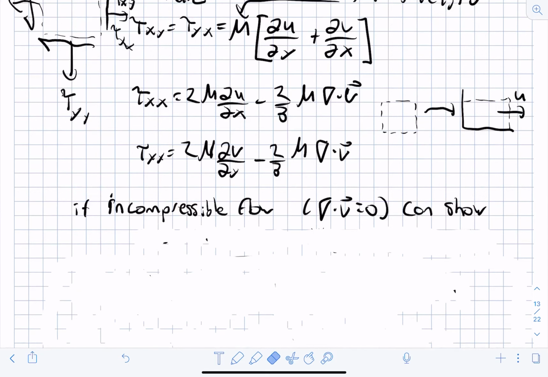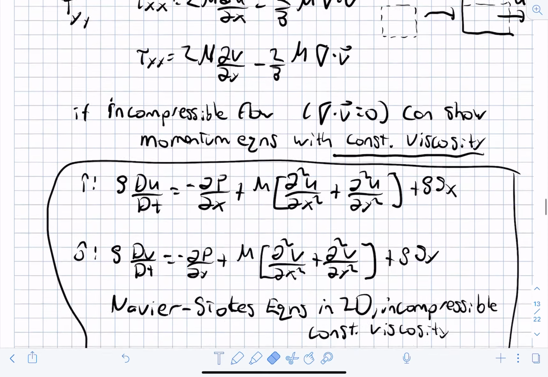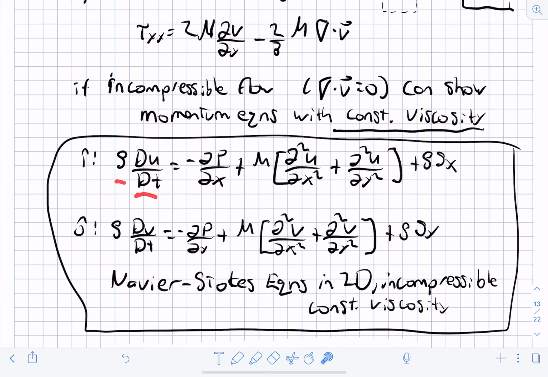Now, if we assume incompressible flow, this means that the continuity equation becomes the divergence of velocity is equal to 0. We can show, and I'm not going to do this, that the momentum equations with constant viscosity turn into rho times the substantial derivative of u equals minus partial p partial x plus mu times the quantity partial squared u partial x squared plus partial squared u partial y squared, plus rho gx.